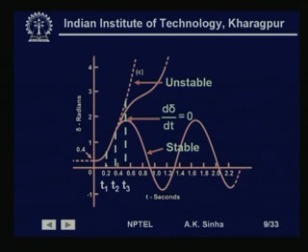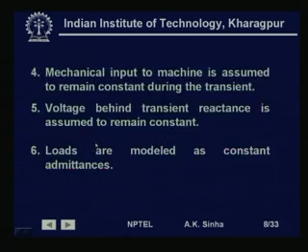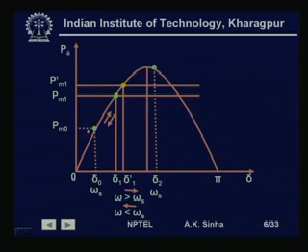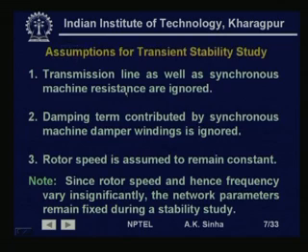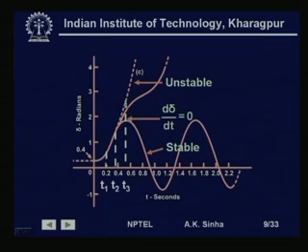Okay, so as we have seen, when we make these assumptions and work with the change from PM0 to PM1, what we will find is an oscillation or a delta angle change which will look like this.